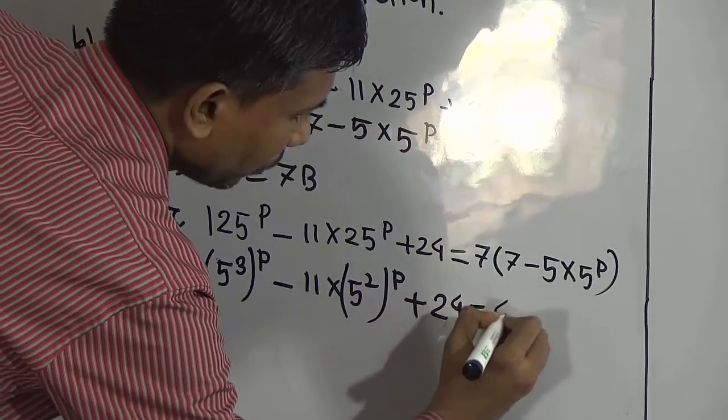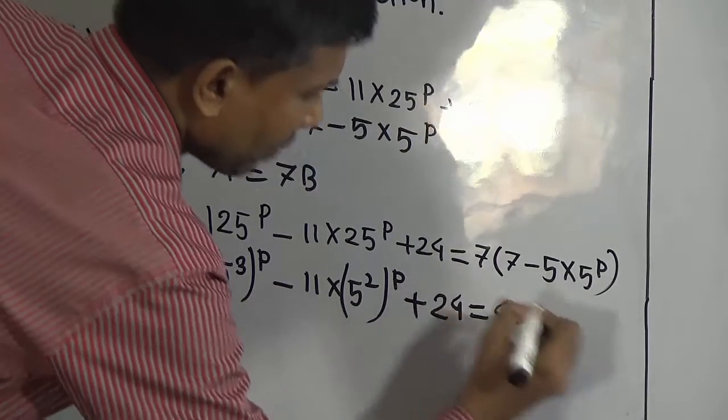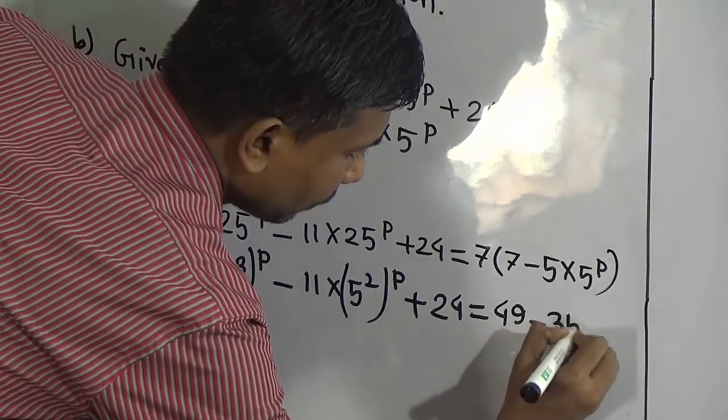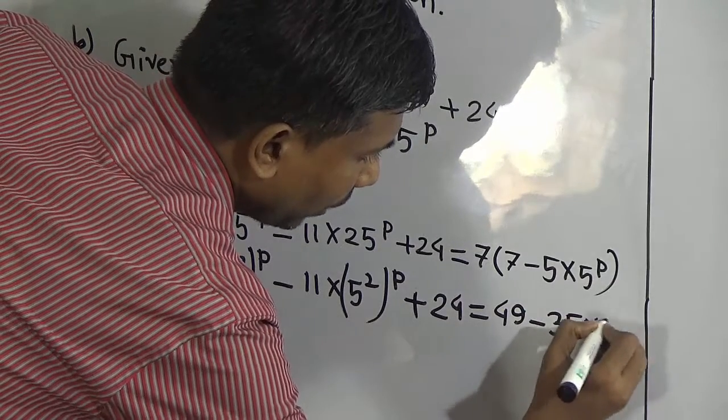This equal to 49 minus 5 sevens are 35 into 5 power P.